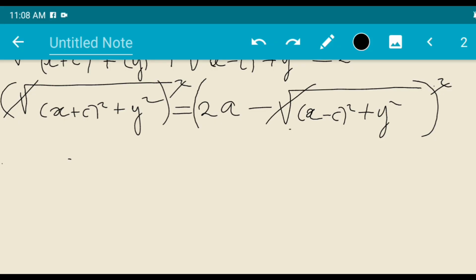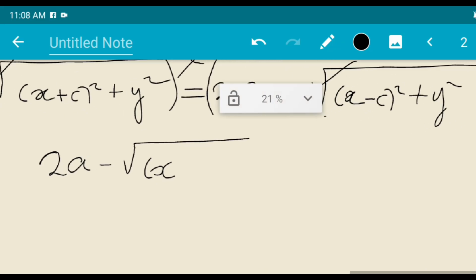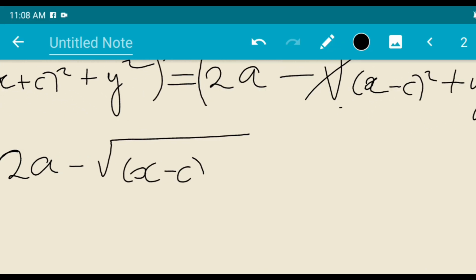So this here is 2a, and then it is minus the square root of x minus c squared plus y squared.